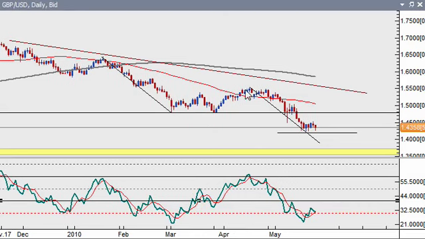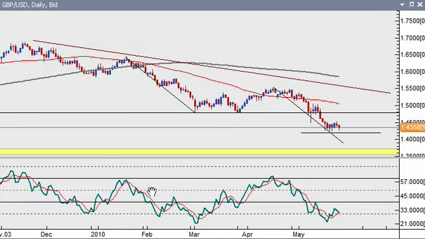Here's a daily chart of the pound-dollar pair, and this was a swing projection. After this high here, it created a negative reversal. So the pair is in a bearish mode. You see that in the moving averages, but also in the RSI as it continues to be below 60. So it's in the bearish range in the RSI. At the moment, it's in a consolidation area, and the RSI is also near the oversold area.